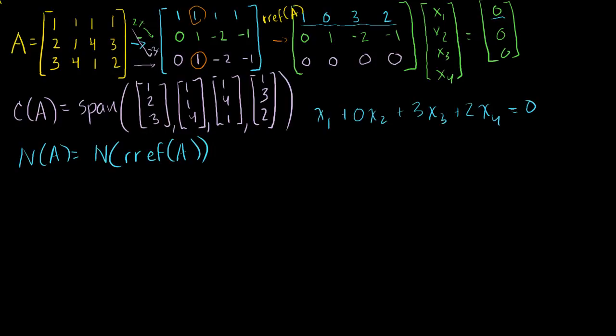And then I'll do it in yellow right here. I have 0 times x1, plus 1 times x2, minus 2 times x3, minus x4 is equal to 0. And then this gives me no information. Zeros times all of this is equal to 0. So it just turns into 0 equals 0.